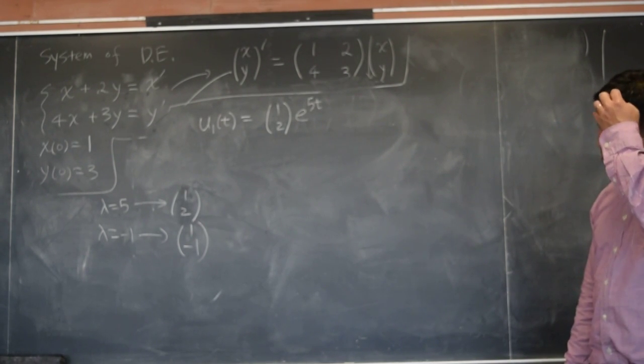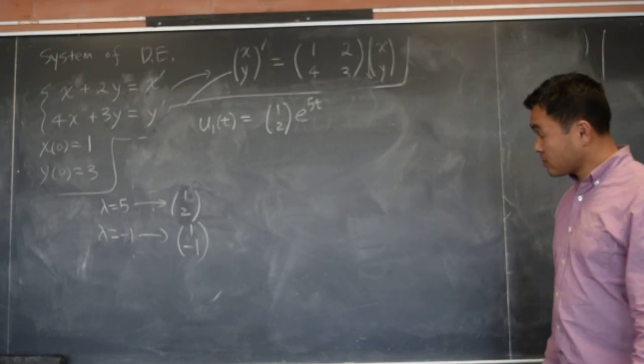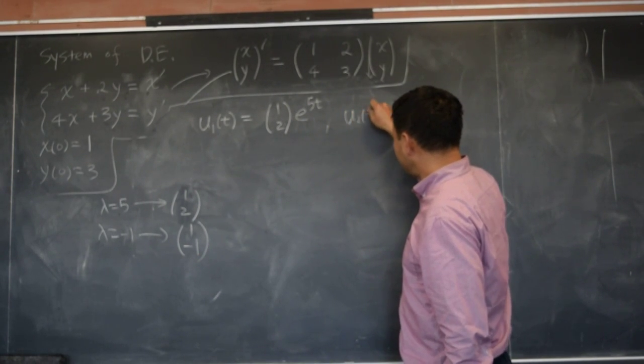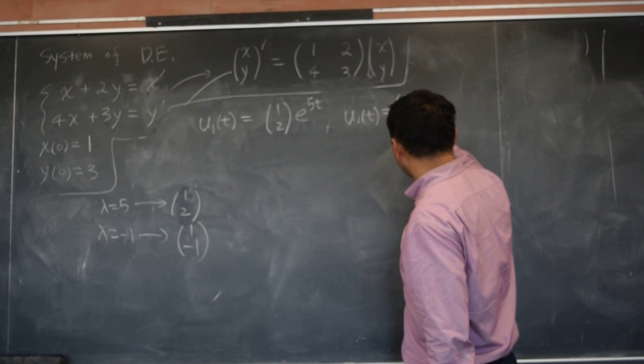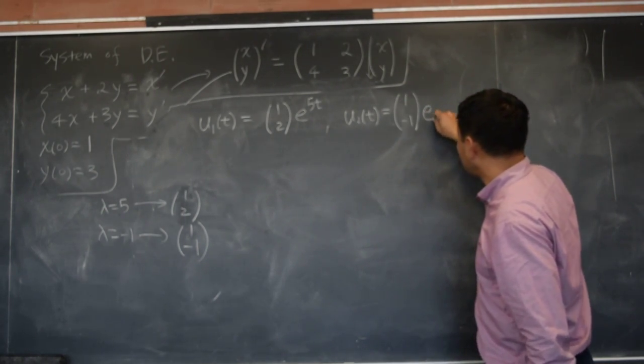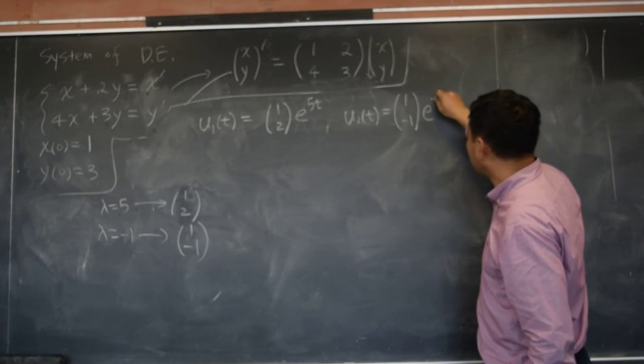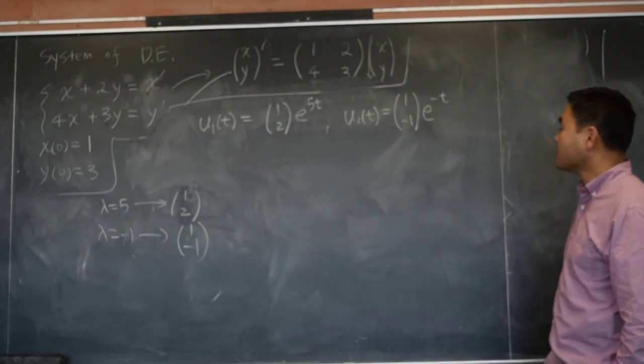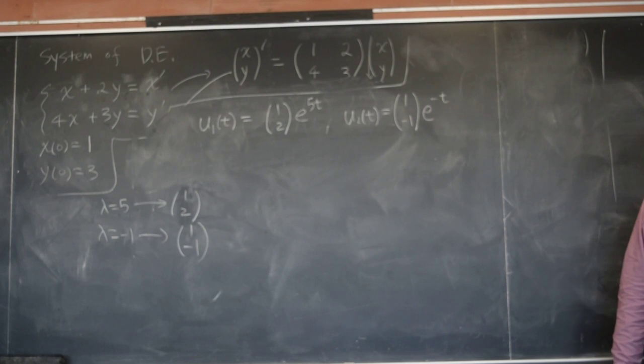And I claim that that's a solution. The same thing with this one. I can make u2(t) the eigenvector times e to the negative t. It's -1 times t. Okay. And I claim that's a solution to the original differential equation.